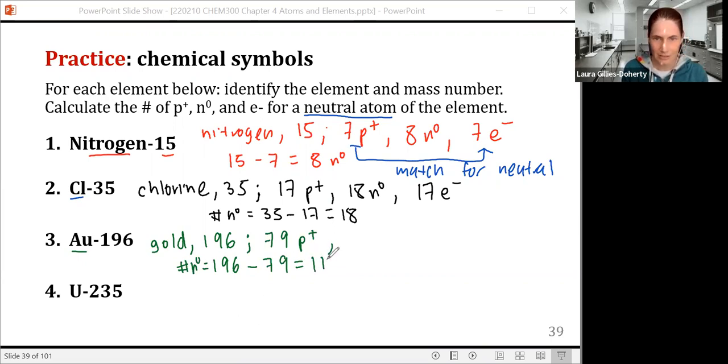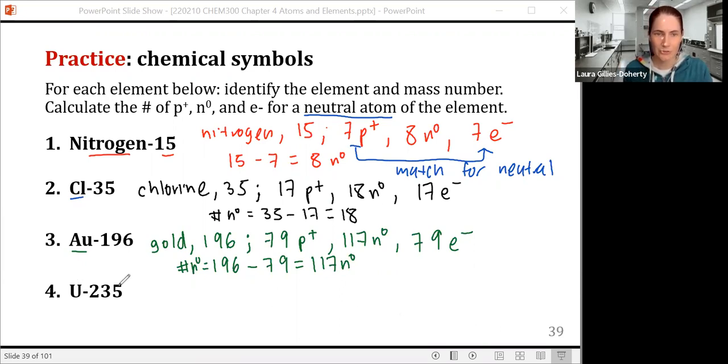This has 117 neutrons. And because this is a neutral atom, it means overall the atom has a charge of 0. So as many positive charges as we have from the protons, we must have that many negative charges from the electrons. So since we have 79 protons, we must also have 79 electrons.